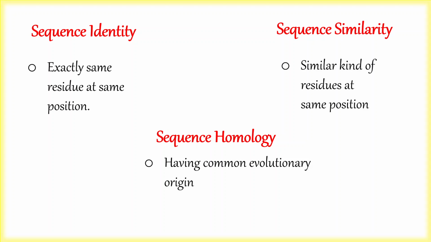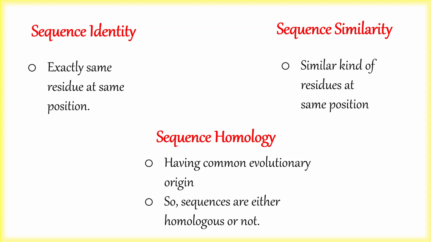It is actually an evolutionary term that is misused most of the time in literature, and it could denote either sequence identity or sequence similarity, but it should not be used interchangeably, because sequences must be called homologous only if they have a common evolutionary origin. It is as simple as that. If they are derived from a common ancestral sequence, they are homologous.